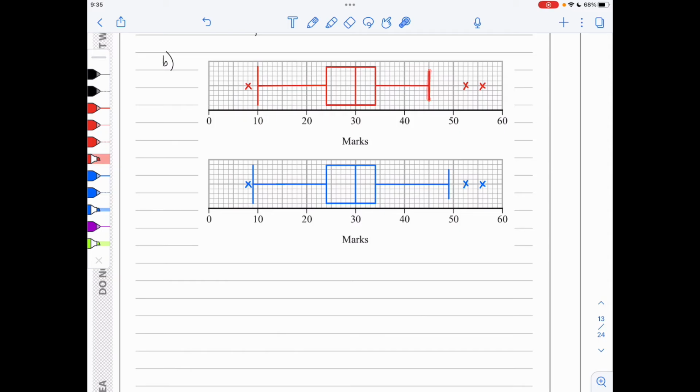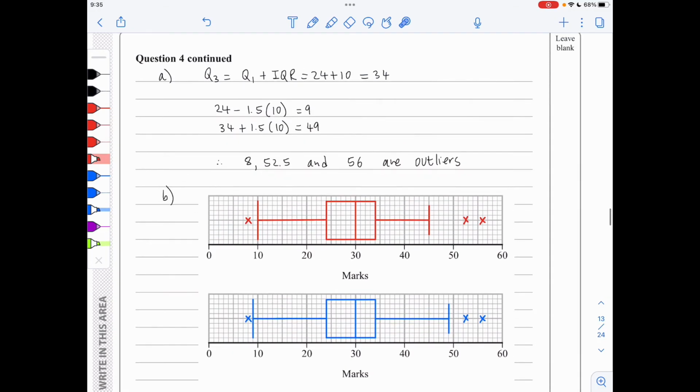An alternative, which is accepted because we've got outliers on either side of the box plot, is extending the whiskers up to the theoretical limits beyond which we'll find outliers. So in this second approach, which is acceptable, we go up to 9 on the left and up to 49 on the right, which are actually the theoretical limits we have calculated in part A a while ago.